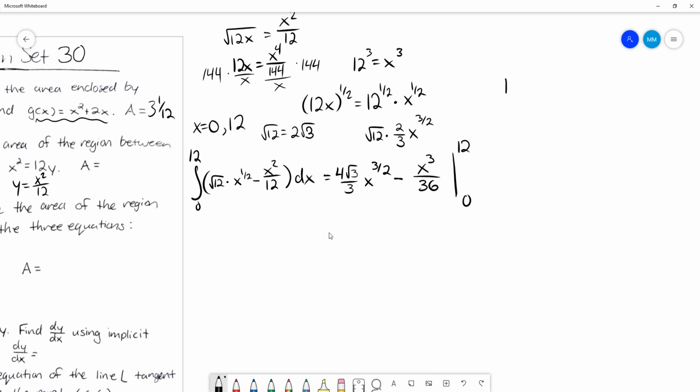So if I have 12 to the 3/2, that's of course square root of 12 cubed, which, let's see, so that'll be square root of 12, which is 2 times the square root of 3, cubed times 4 times the square root of 3 over 3, right?